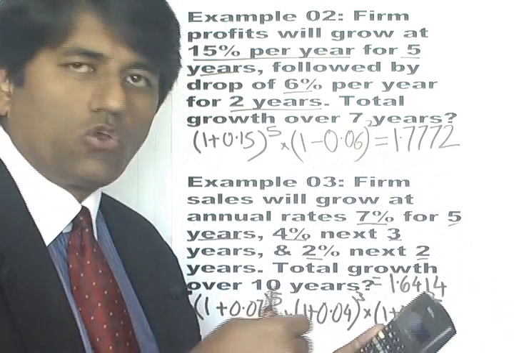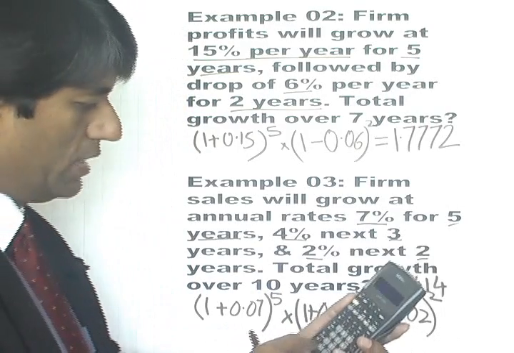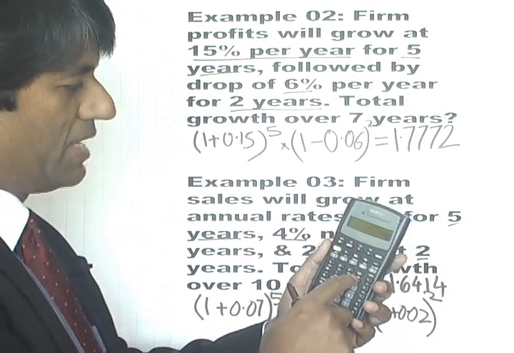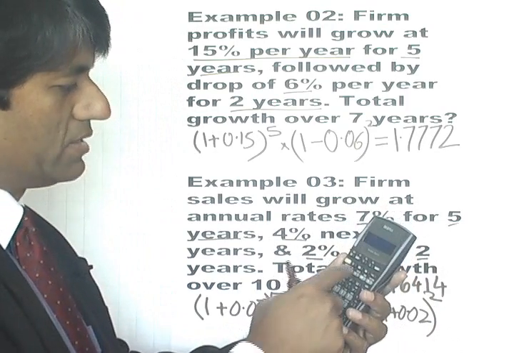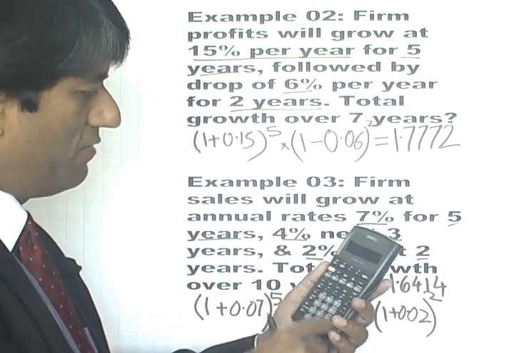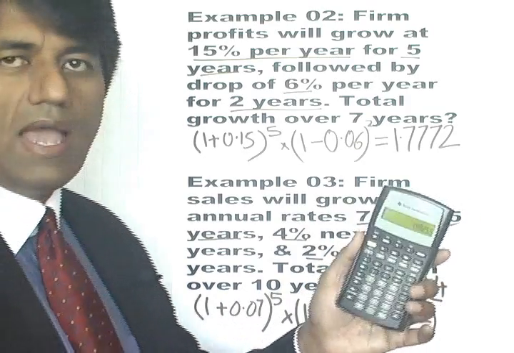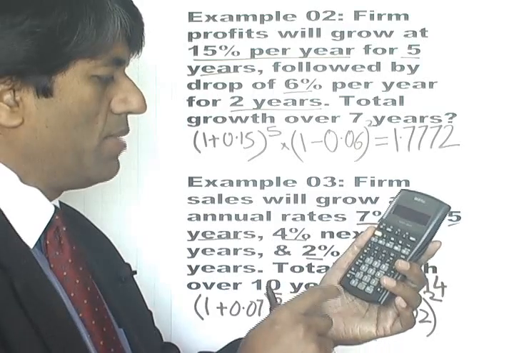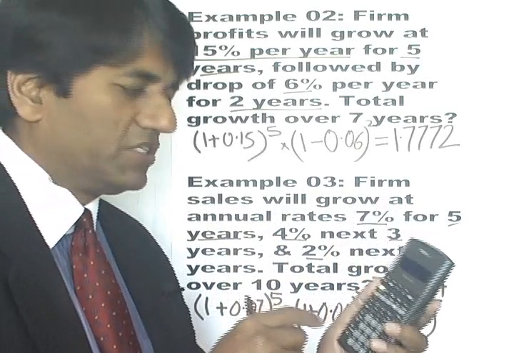If you are using the financial calculator, let's say the BA2, to find this, you would have to use the memory storage. So what you would do is you would do 1.07, and then you would press y to the power x, and then 5, and that will make it equal to, and this you want to store in the memory, so you do store 1, so it's stored in the first memory register.